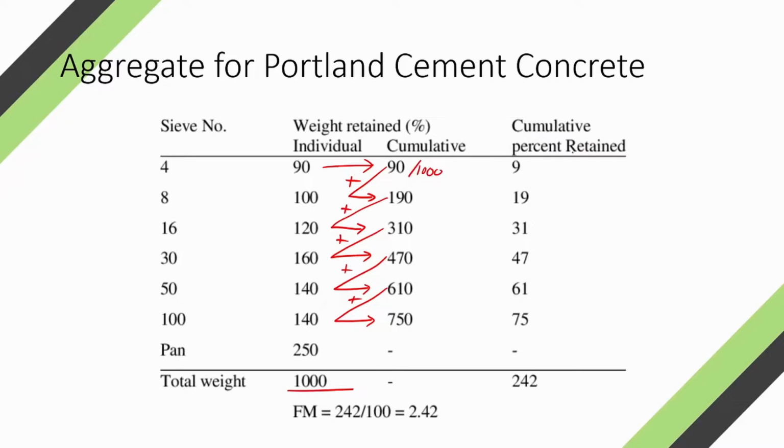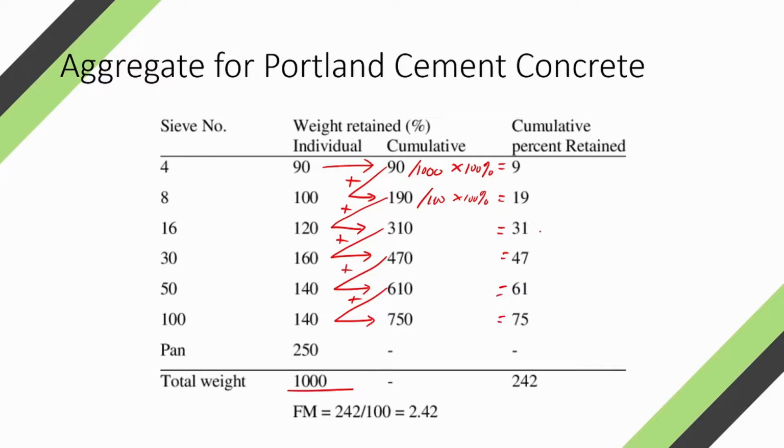And then, it should be in percentage. So, dapat times 100%. So, this one will be equal to 9%. And then, ganun yung sa susunod, over 1,000 multiplied by 100%. So, hanggang sa makuha nyo lahat ito.